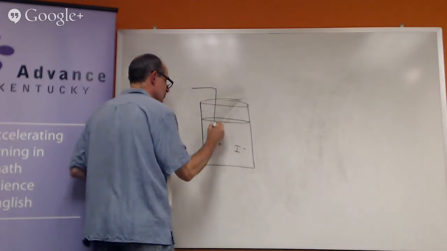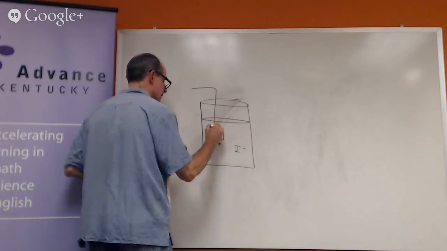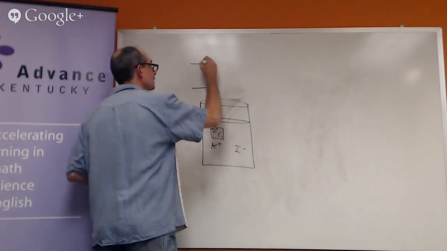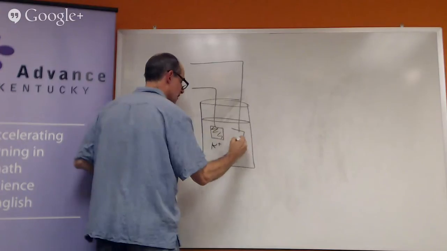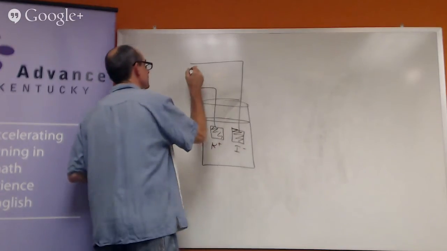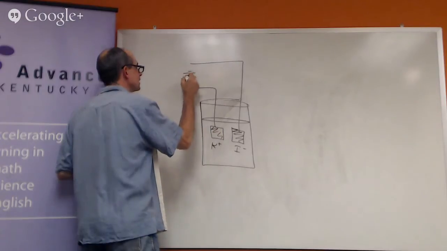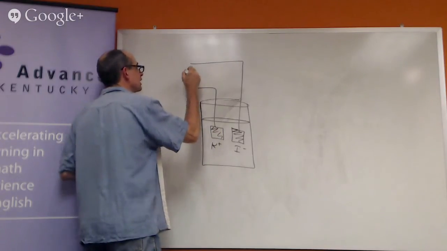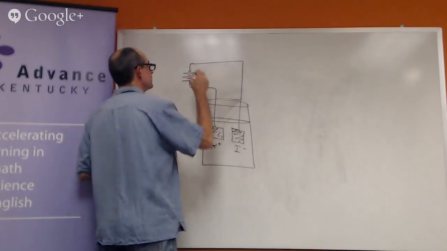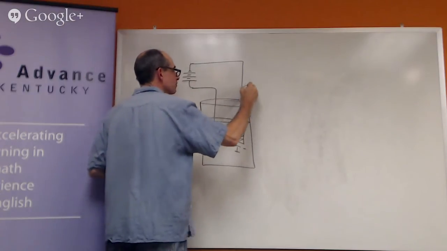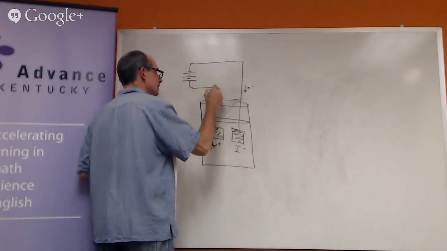And we've got two nice platinum electrodes here. And I've got a current source, a power supply that is going to pump electrons this way and this way.